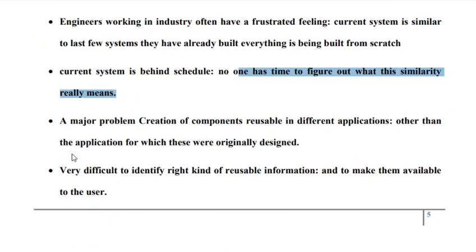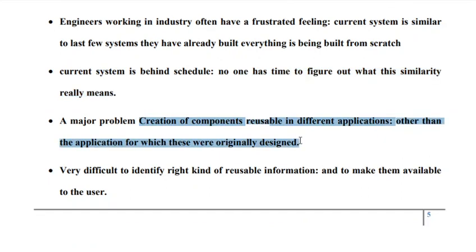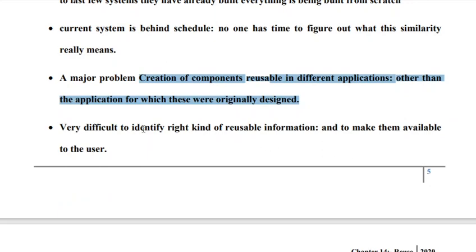The third important aspect is the lack of ability to create reusable components. Right? It may so happen that you may not be capable of creating a system as a collection of reusable components. In such a situation, you cannot enforce reuse. The next important aspect is the inability to identify the right kind of reusable information.